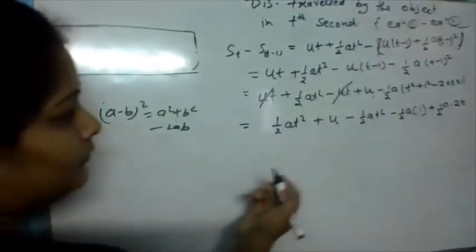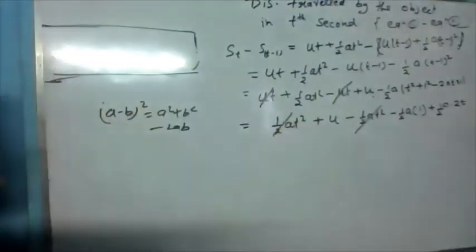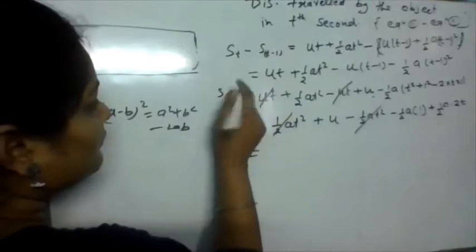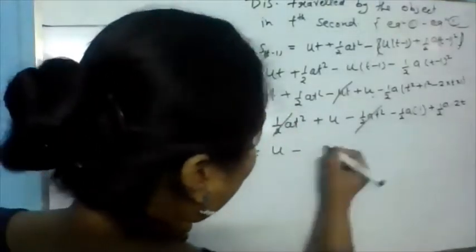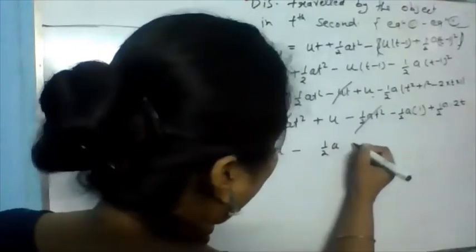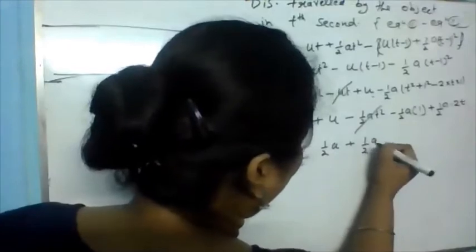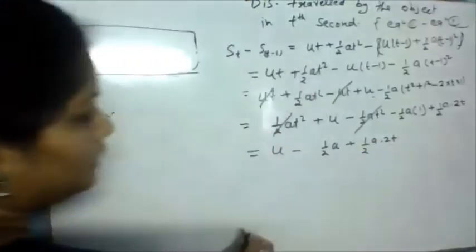Now plus half at square and minus half at square is cancelled. So u minus 1 by 2 a plus 1 by 2 a into 2t.